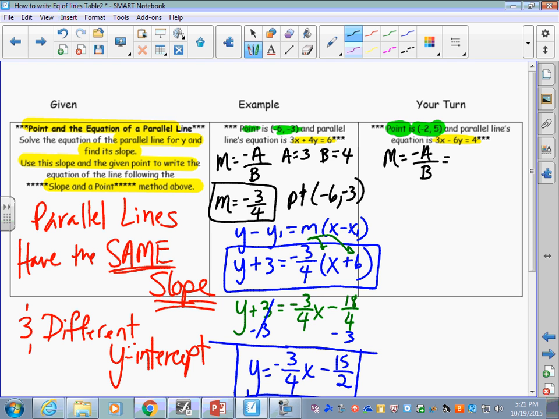Let's check. I'm going to give you some time to check and see if you're going through the steps correctly. Pause if you need to. You should have got the slope as 1/2. Now we're using the point and the slope because it's parallel. The slope will stay the same.